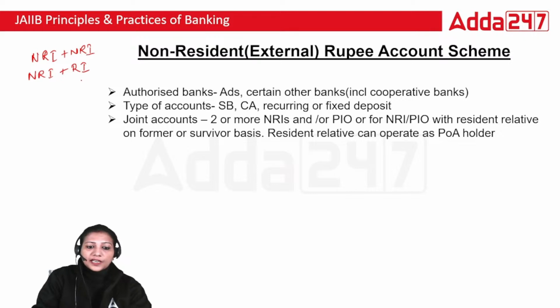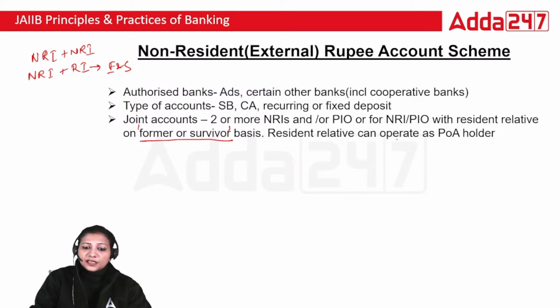A very close relative can open a joint account with an NRI, and in that case the account will always be on a former or survivor basis. No other mandate is allowed. Only in case of NRI plus resident Indian, F and S is allowed, on former and survivor basis. Former will be the NRI and survivor will be the resident Indian.